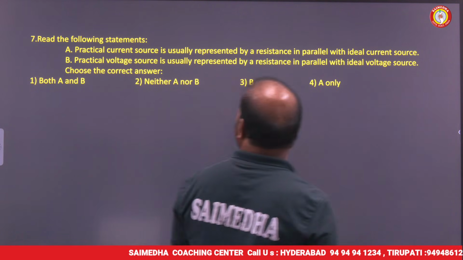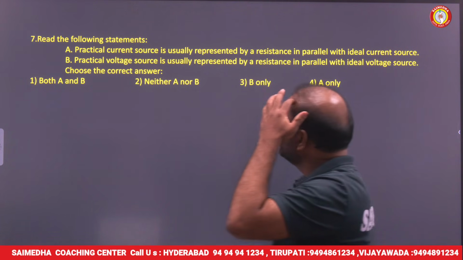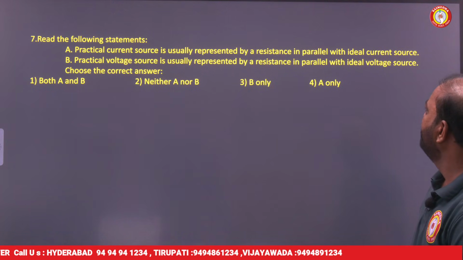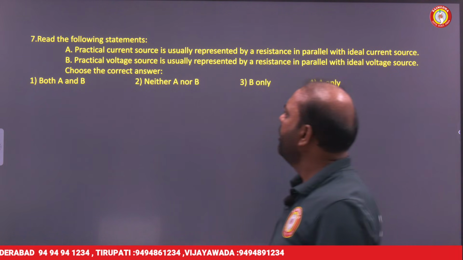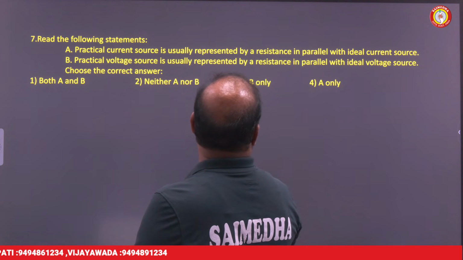My friends, read out the following statements. Practical current source is usually represented by a resistance in parallel with ideal current source. Practical voltage source is usually represented by a resistance in parallel with ideal voltage source.